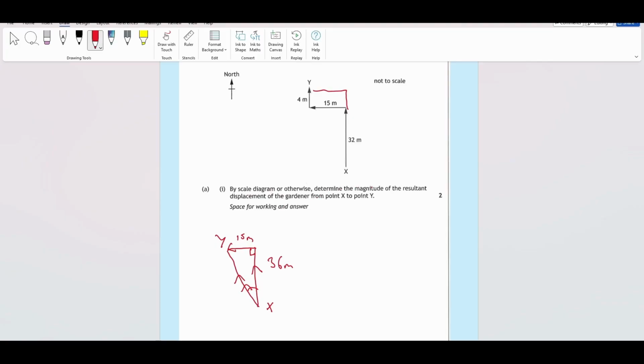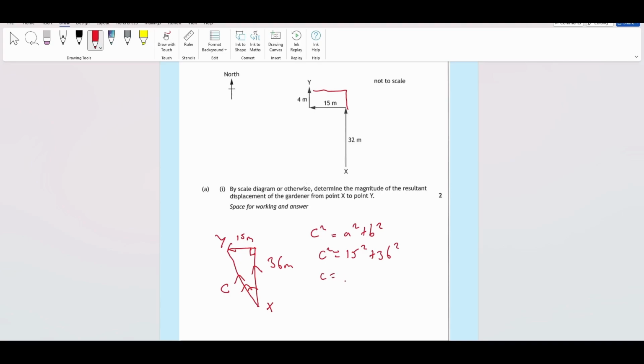Here it is asking for the displacement, just the magnitude of the displacement. So we can just get the size basically. We don't need the direction. I'm going to say that side is c. So using Pythagoras theorem, c squared equals a squared plus b squared. That's 15 squared plus 36 squared is c squared.